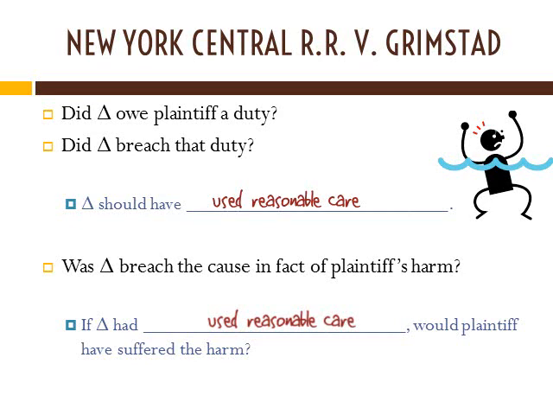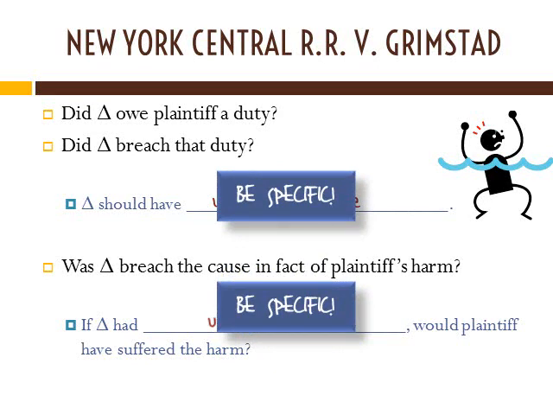One other thing that I wanted to mention, something I sometimes see students do in exams, is they say the defendant should have used reasonable care. And then they say if the defendant had used reasonable care, would the plaintiff have suffered the harm? No, she wouldn't have suffered the harm. That's a very easy kind of analysis, but there's no depth there. To say the defendant should have used reasonable care, how exactly should he have used reasonable care?